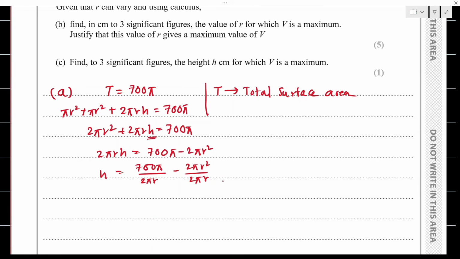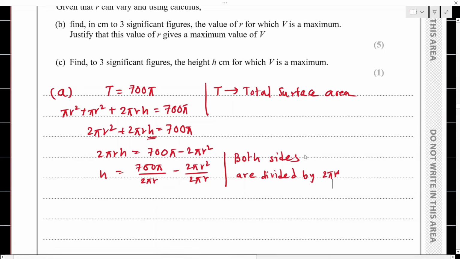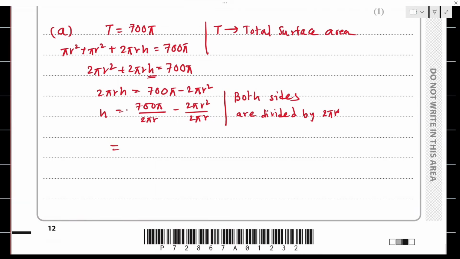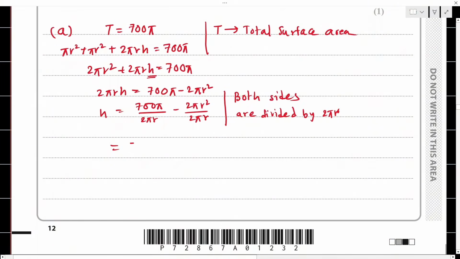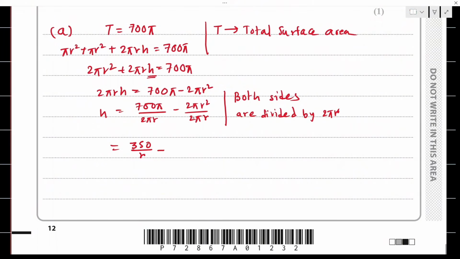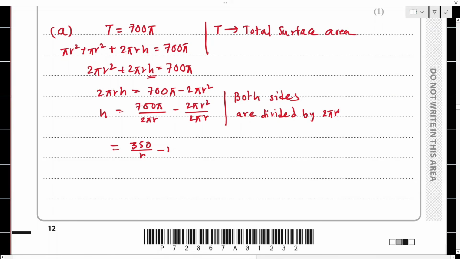What happened here is we divided both sides by 2 pi r. Now if we simplify, we get 350 divided by r minus r. So this is our expression for h.